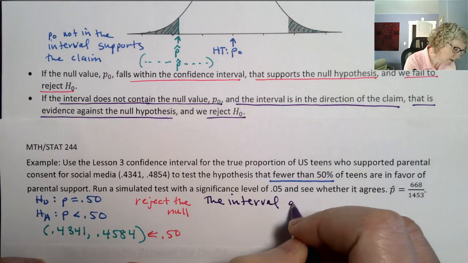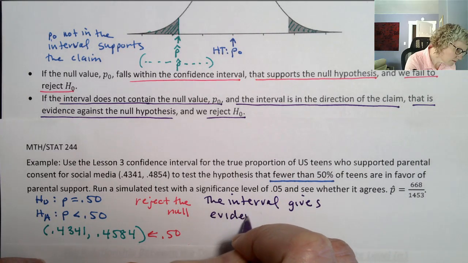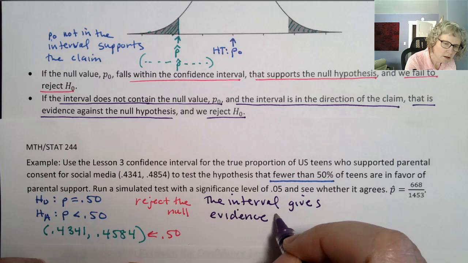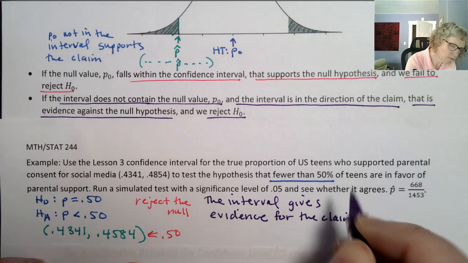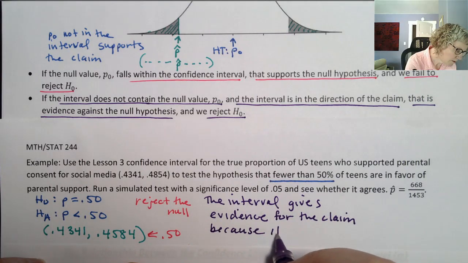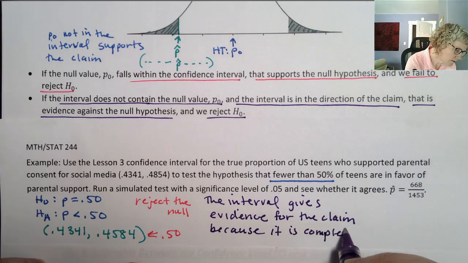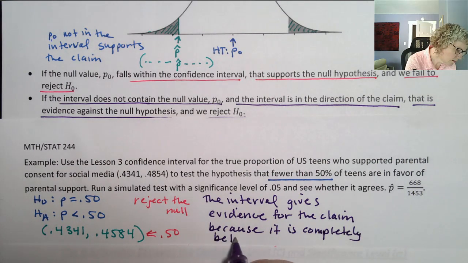So the interval gives evidence for the claim because it is completely below the null value.